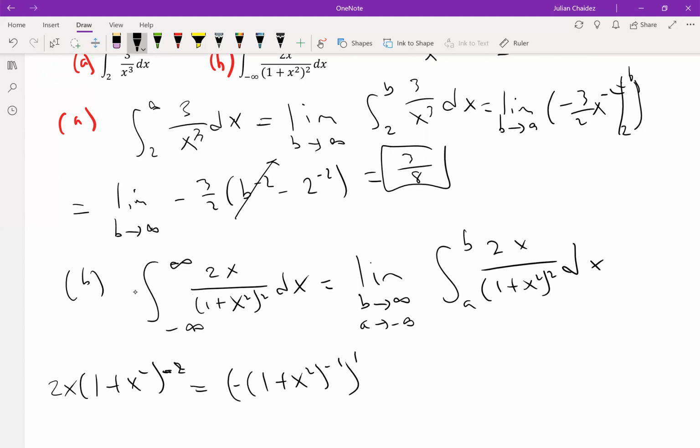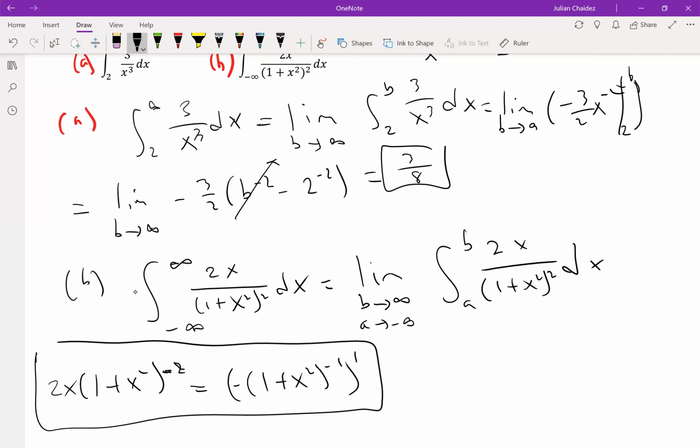So this fact means that I can write this limit, as a goes to negative infinity and b goes to infinity, as negative 1 plus x squared to the negative 1, evaluated at a and b.